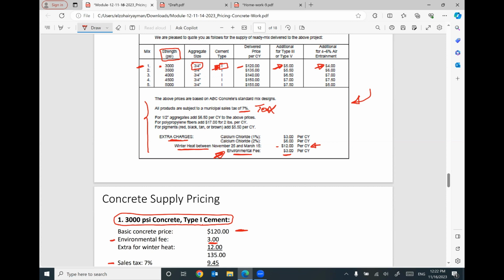And we are handling this concrete during the winter time, so I have to add $12 extra cost for each cubic yard. If you add all of them together, the basic price, the environmental fee, and the winter time handling, the cost will be $135 for each cubic yard.